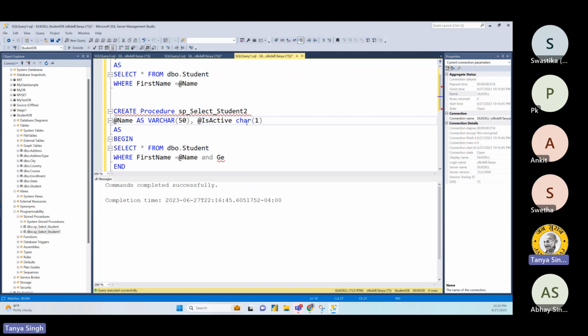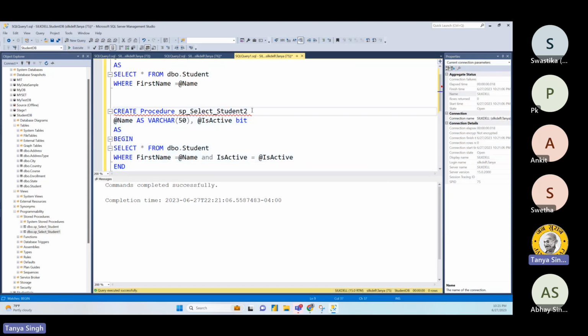Is active is a bit data type, and is active equal to. So you don't need to put the absolute value. You just put the parameter value, and whatever the parameter value will be is mapped. While the execution of the query, the name will be replaced with the name that you are passing on, and is active will be replaced with whatever value you are passing on, right? So that will be used.